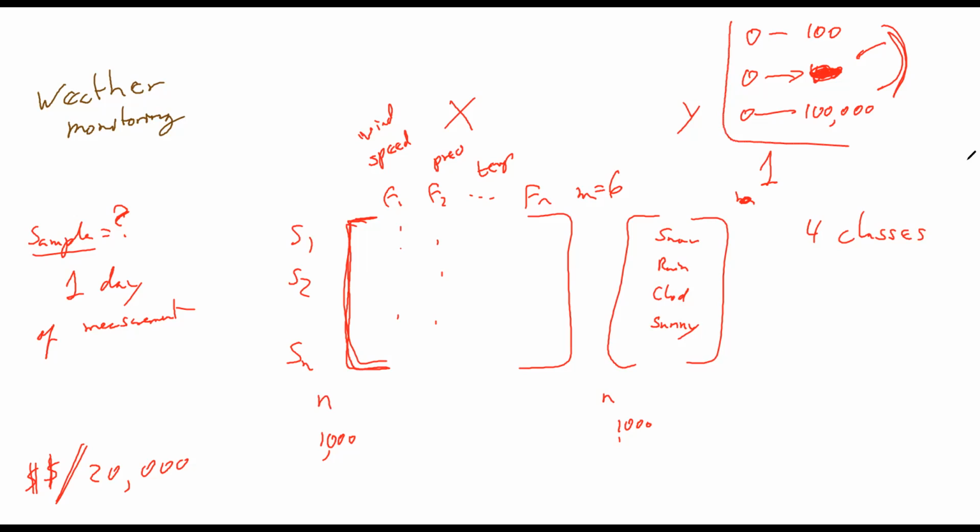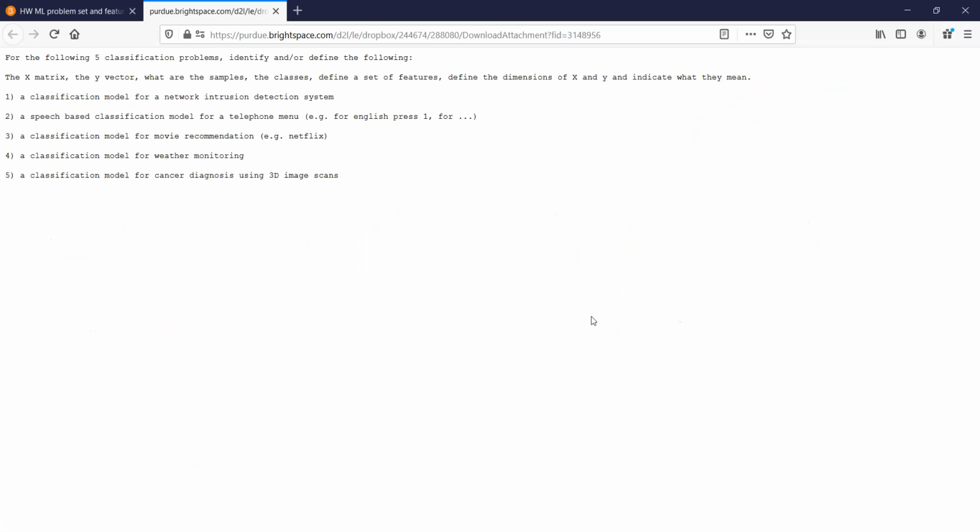Okay. All right. And the last one then. This one. The last one says a classification model for cancer diagnosis using 3D image scans. Okay, so this might be a little bit harder.